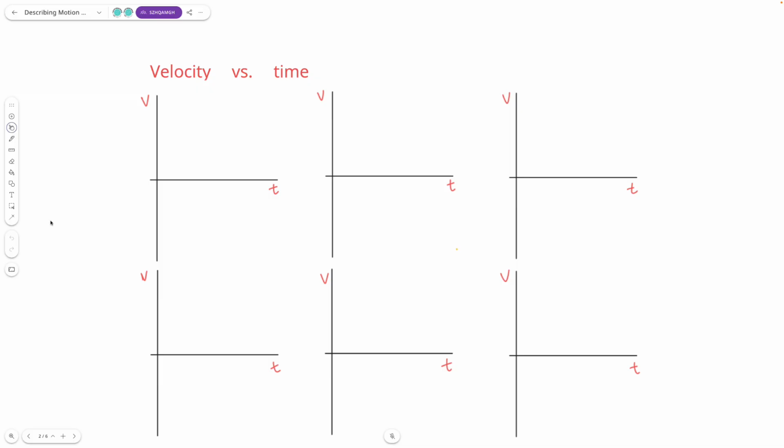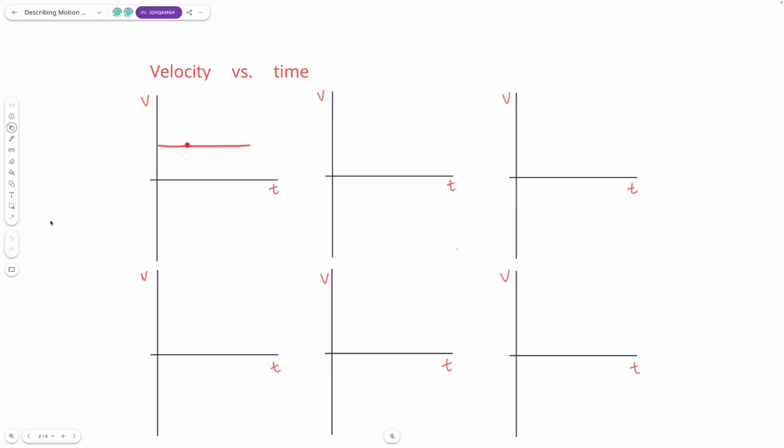So let's look at an option here for a velocity versus time graph where the slope is 0, meaning the acceleration is 0. If we have a nice flat line here, the slope is 0. We want to look at where this line is, whether it is above the x-axis or below the x-axis.